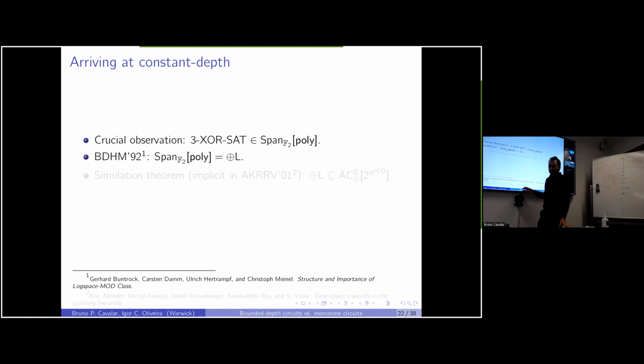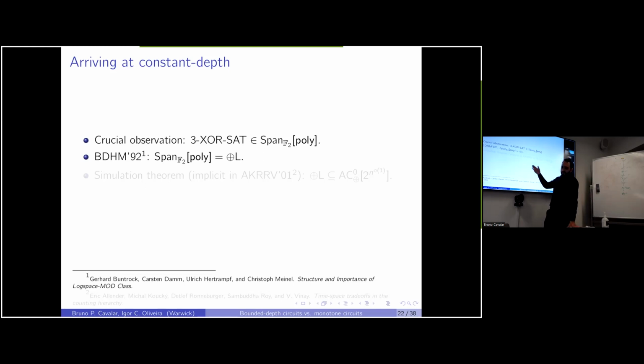So what is ParityL? You can think of it like a non-deterministic log space machine, right? But instead of accepting if there is an accepting path, you accept if the number of accepting paths is odd.